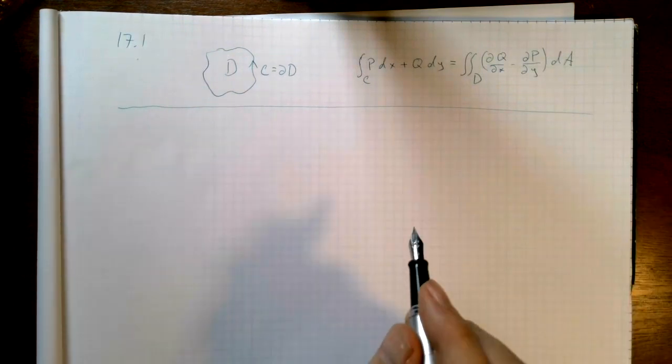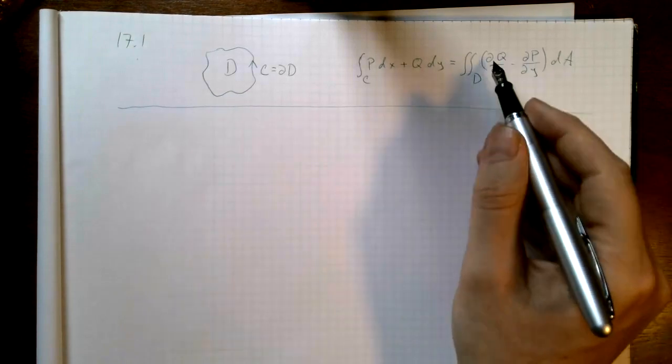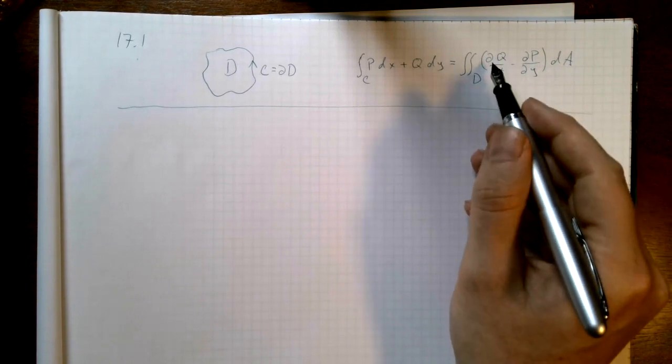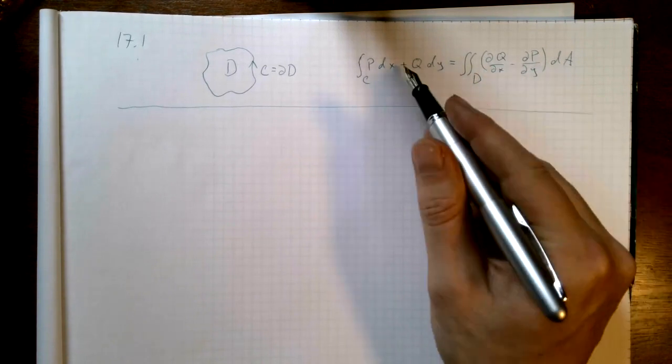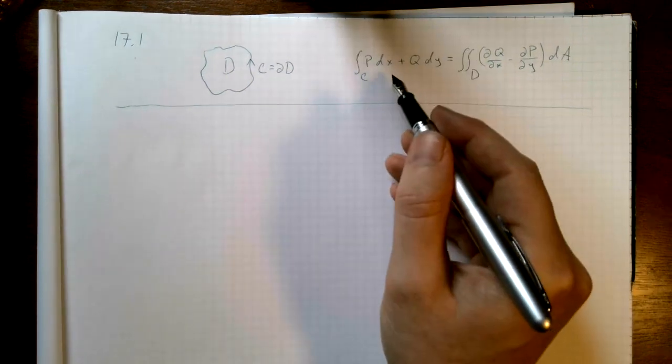So how is this used? It can be used in both directions. If you have something that looks like this, you figure out some Q and P, and we'll see an example of that as well, then you could write it this way and compute the path integral.